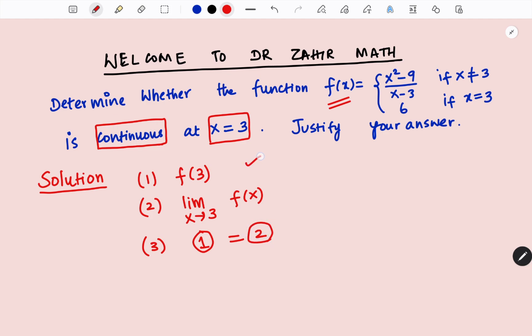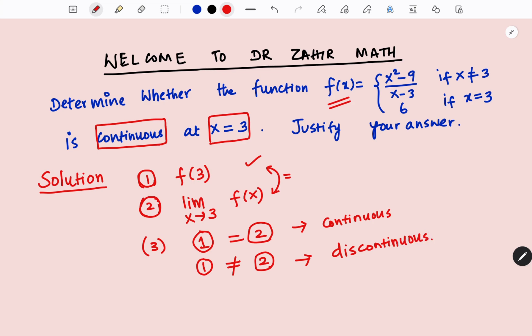If the answer you get in step 1 is equal to the answer in step 2, then the function is continuous. If step 1 is not equal to step 2, then the function is not continuous, which is called discontinuous.